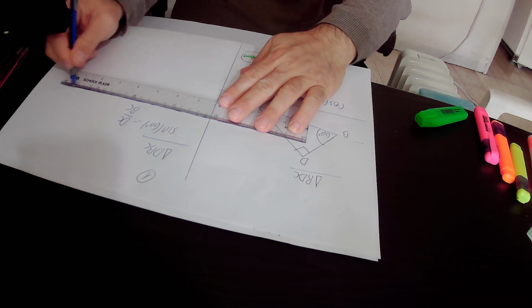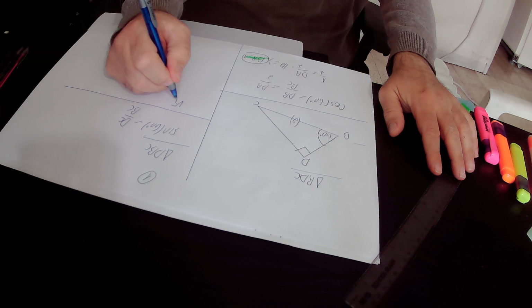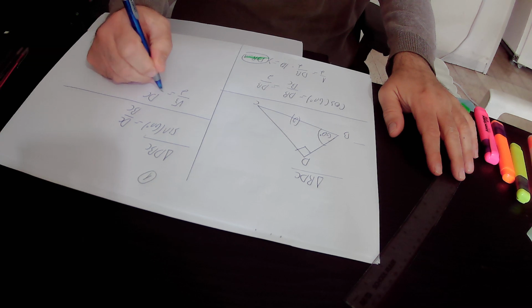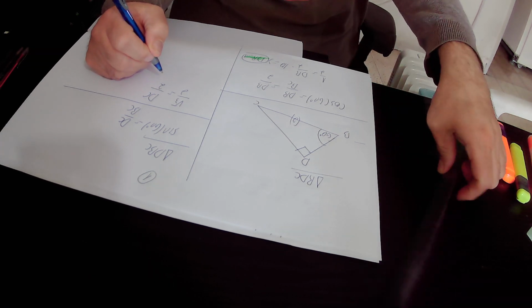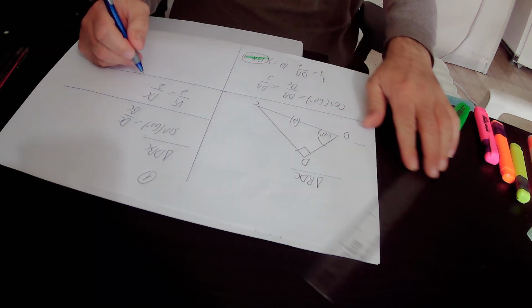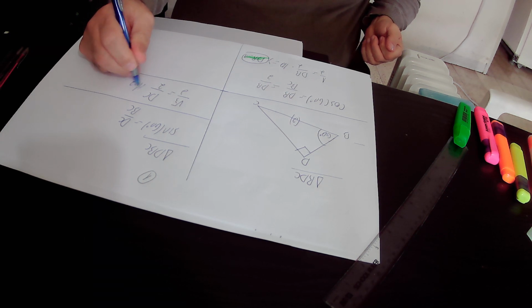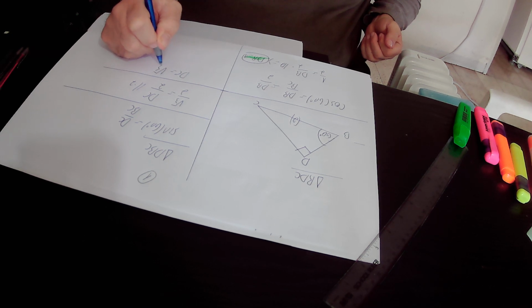Sine 60 degrees is equal to square root of 3 over 2. That equals DC over BC, and BC is 2, so we substitute BC by 2. We found that square root of 3 over 2 equals DC over 2. Here we will multiply this equation by 2, and finally we get that DC equals the square root of 3 units in length.